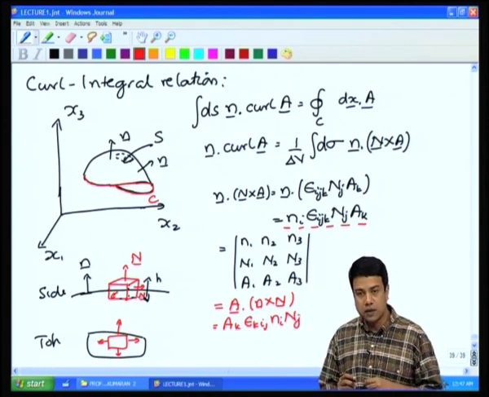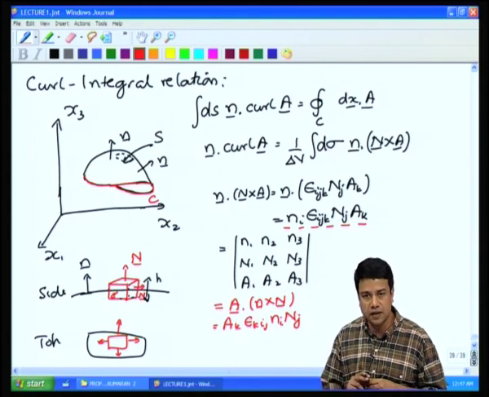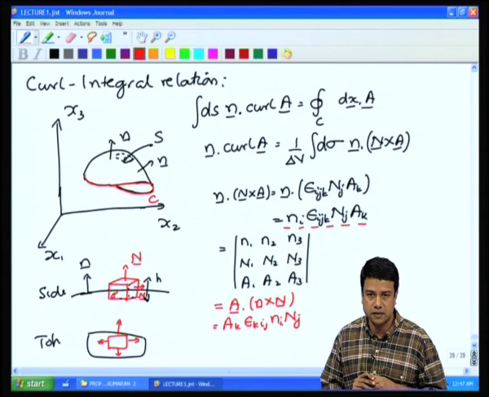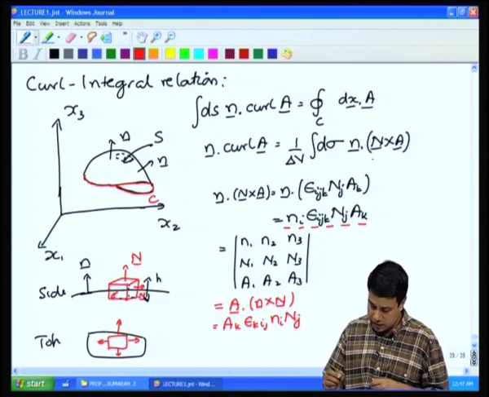When I go from epsilon i j k to epsilon k i j, I have interchanged indices two times. First I interchanged i and j, then I interchanged j and k. So, because of that I get back the same result. So, the triple product, if you go in a cyclical fashion, remains unchanged. Good. So, this is the triple product, and as I said, I can write this as A dot n cross n.